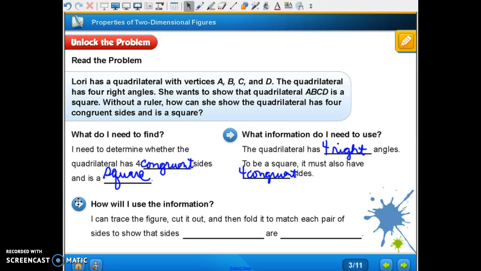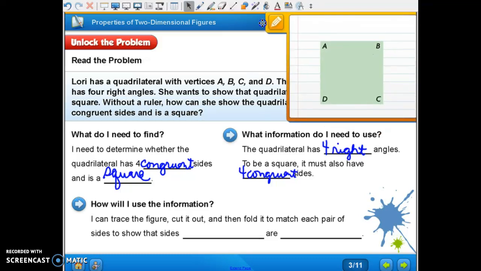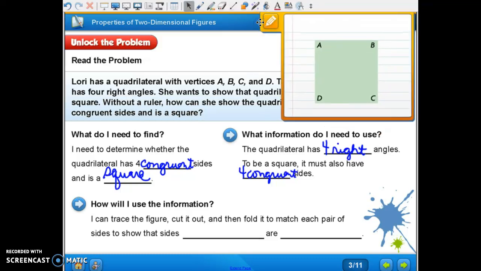How will I use the information? I can trace the figure, cut it out, and then fold it to match each pair of sides to show that sides are congruent. Here's our little square. So we're going to fold it to show that sides AB, and we're going to write it like this, AB, comma, what side is that going to match?